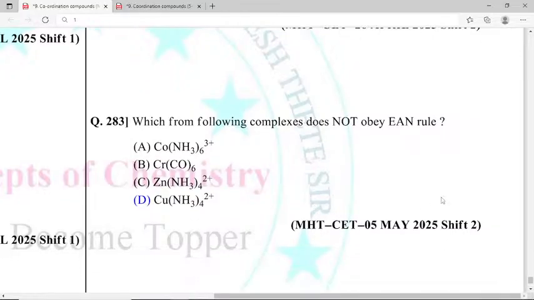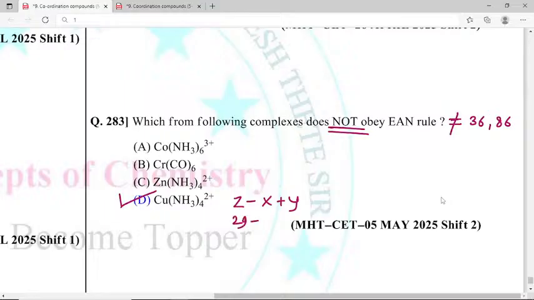Which of the following complexes does not obey the effective atomic number rule? Does not obey means the number should not come as 36 or 86. So for copper, Z minus X plus Y. Copper 29, oxidation number plus 2, plus 8.